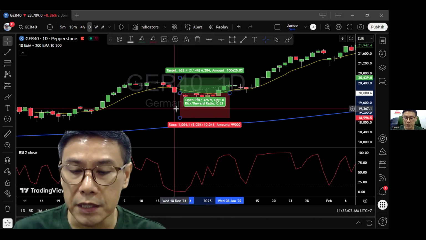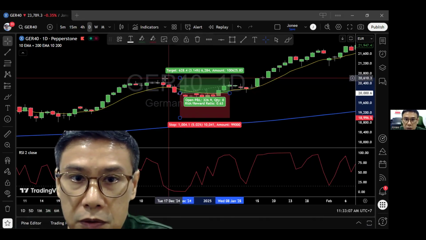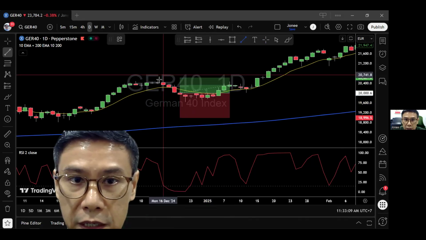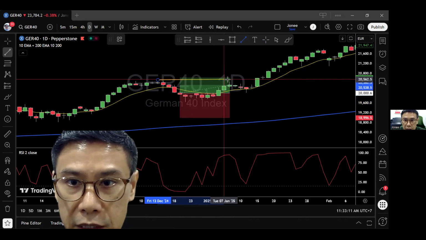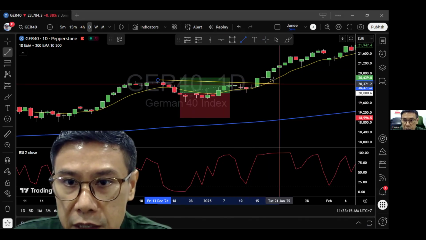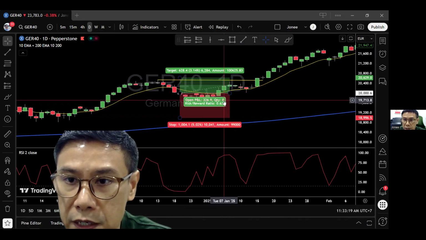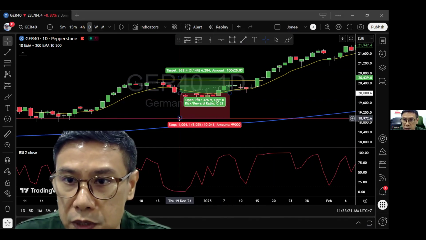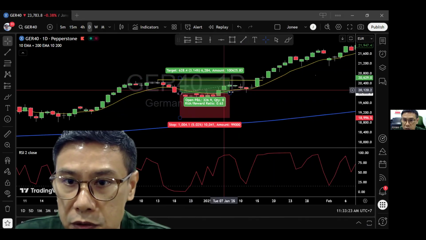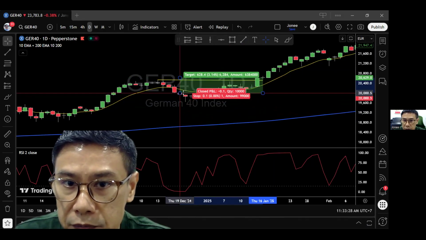So we want to be prepared when to take profits. The recent swing high is right here, and this marks when you could start trailing profits. Once this swing high is reached, I'd like you to move your stop loss to break even.